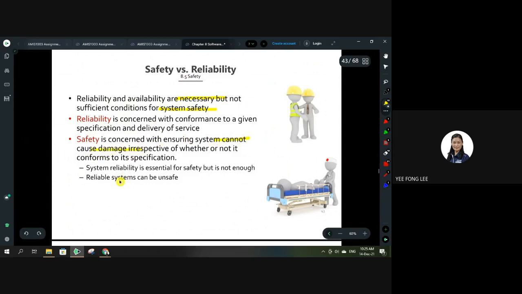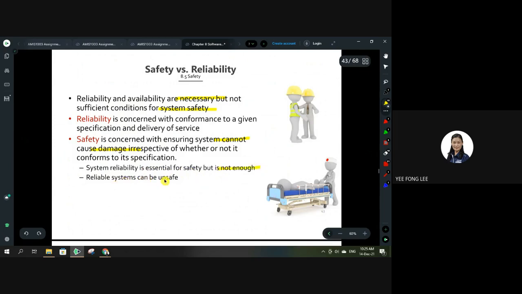I think this topic is quite straightforward. Safety means the system shall not cause any damage, whether damage to the environment or leading to any injury. However, the example given here shows system reliability is essential for safety but is not enough.